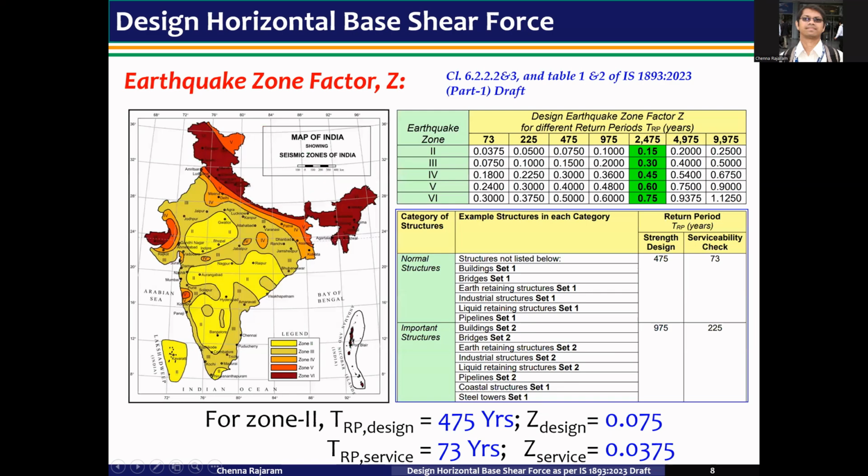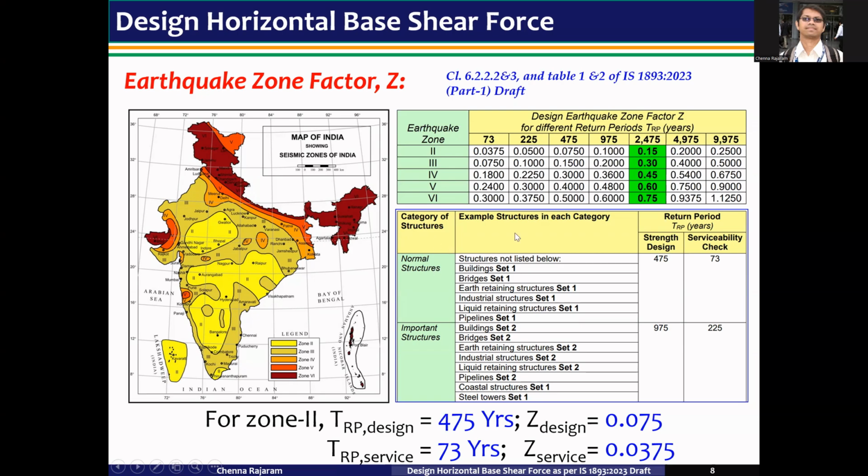Earthquake zone factor. In the earlier version of the code, the earthquake zone factor is considered based on the deterministic approach, and in the current version of IS 1893-2023 draft code, it is considered as a probabilistic approach. Now you can see here a tabular column with earthquake zones 2, 3, 4, 5, and 6 with various return periods starting from 73 years to 9,975 years.